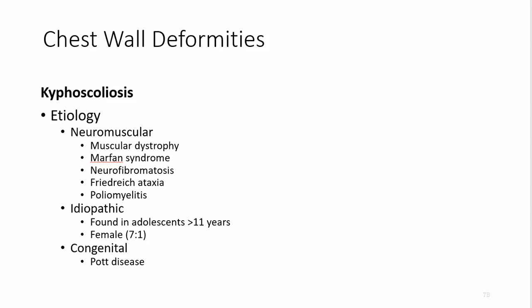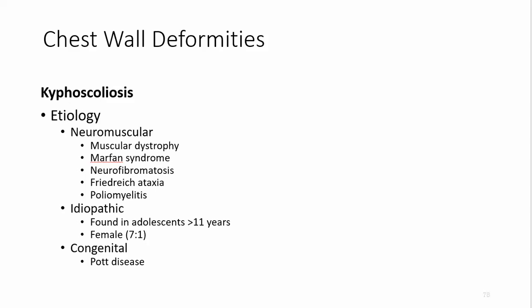Neuromuscular ones, so muscular dystrophy, polio can happen. There's something called neurofibromatosis, which used to be called von Recklinghausen's disease. It literally, these ganglions start to push the spine over.